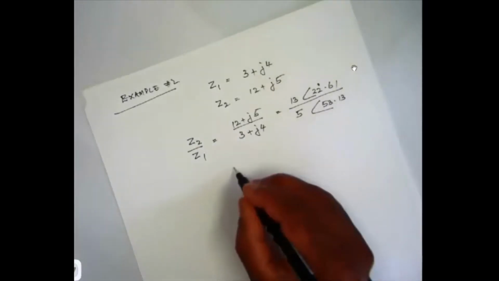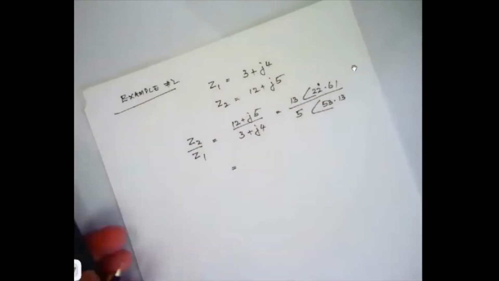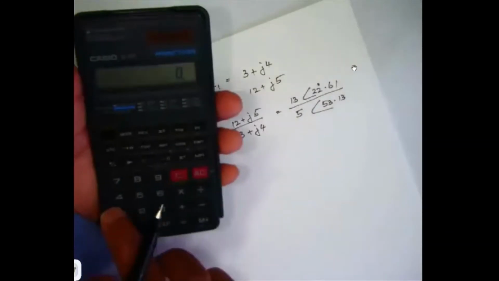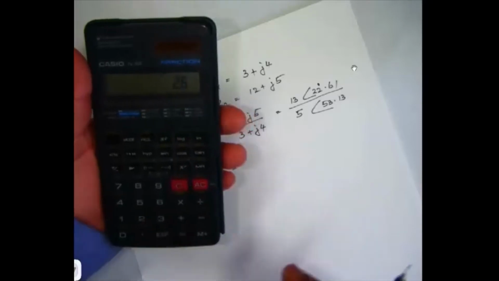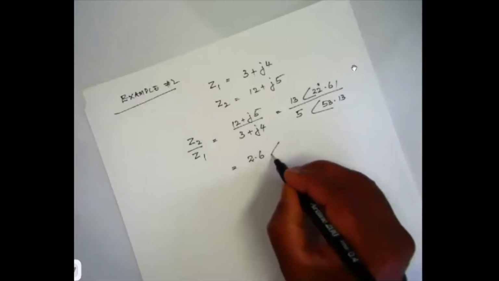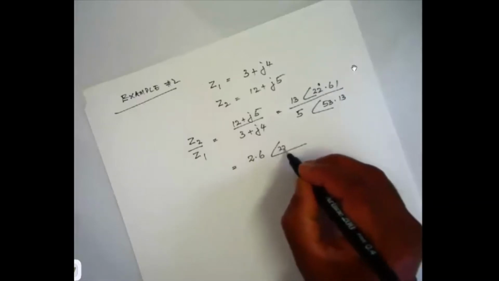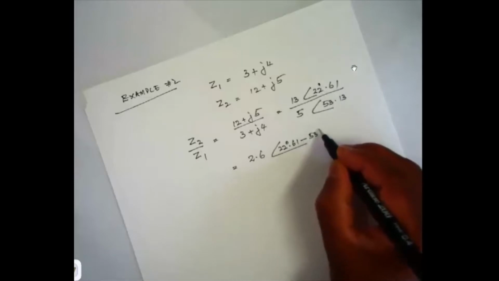So now it's a matter of dividing 13 by 5, and 13 upon 5 is equal to 2.6, and the angle is 22.61 minus 53.13.